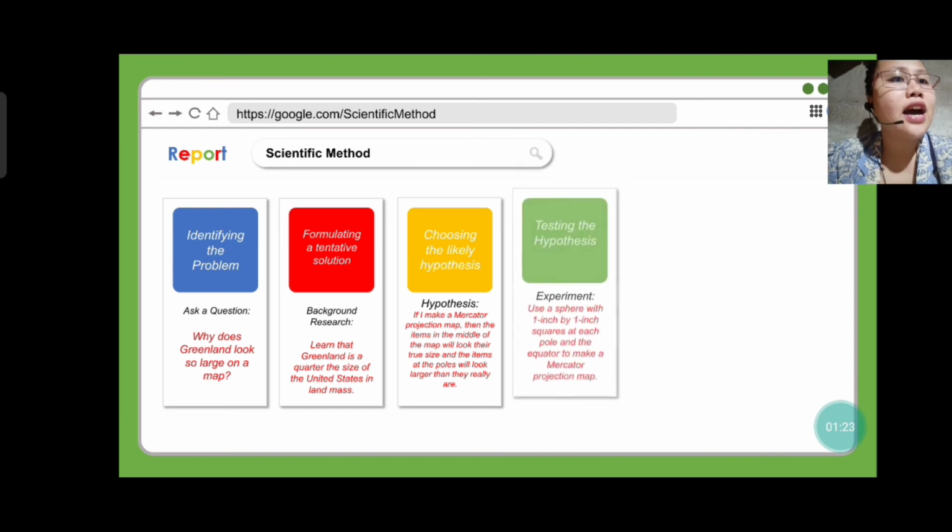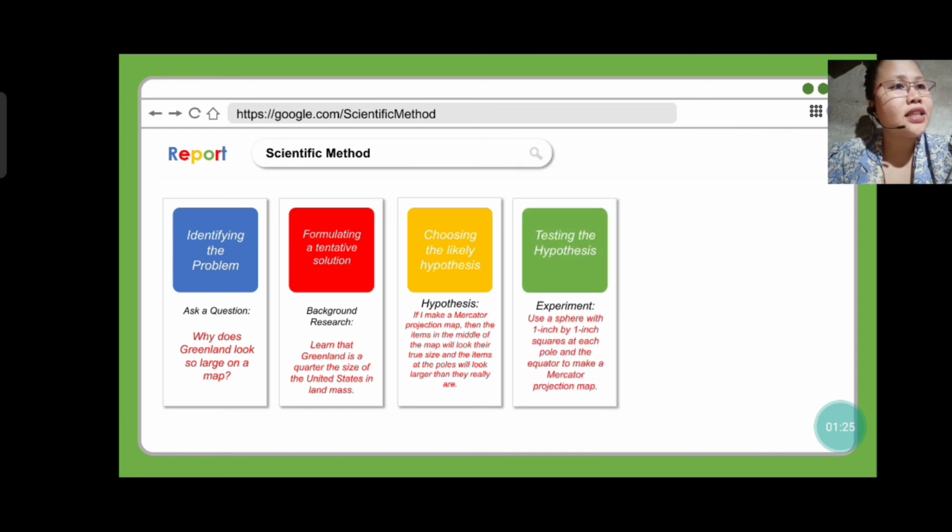And then, after choosing the likely hypothesis, let's move to the next step, which is testing the hypothesis. So, we will do an experiment. We will use a sphere with 1 inch squares at each pole and the equator to make a Mercator projection map.